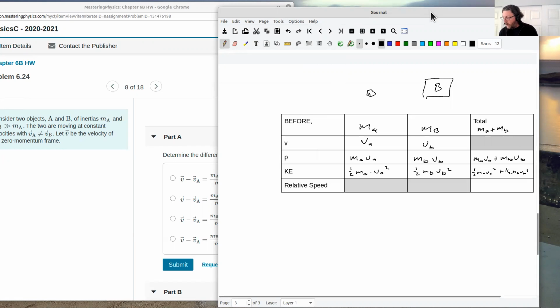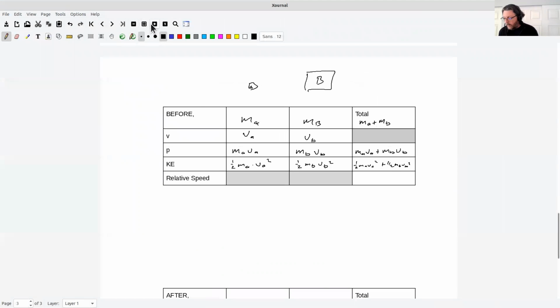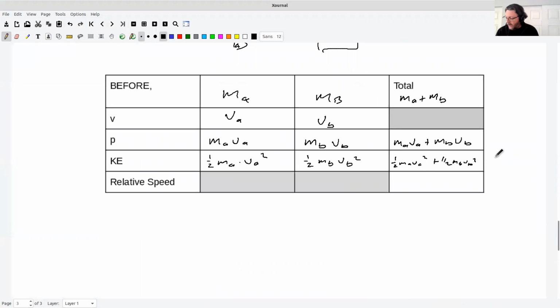Let me make this bigger so that it's easier to read. And then the relative speed is the absolute value of VA minus VB. Yeah, it's all symbols and we haven't simplified anything, but that is what it would be. And if there were numbers there, you would know how to plug those in and get those results.